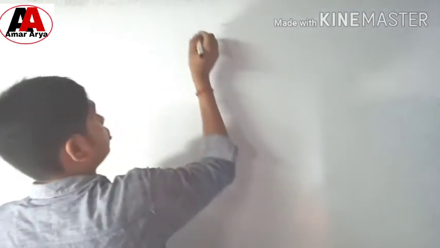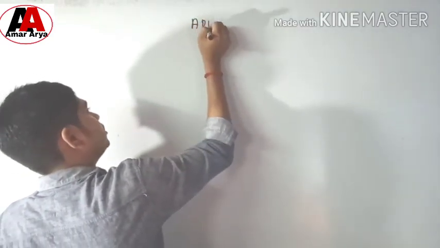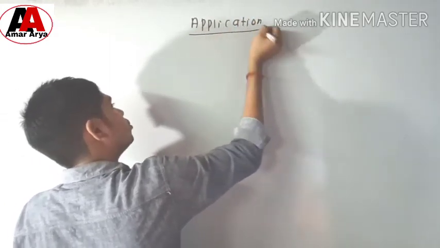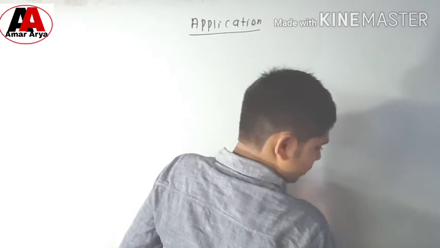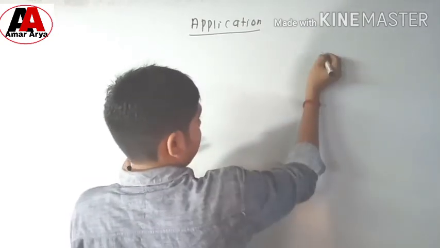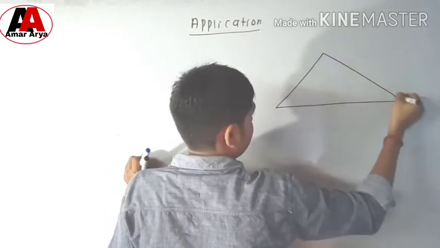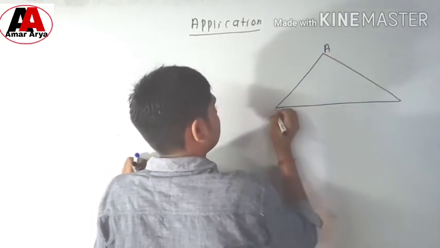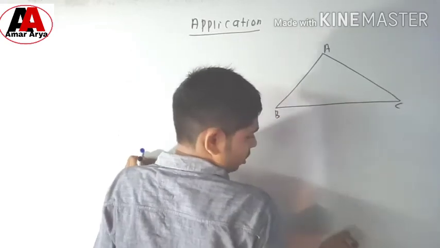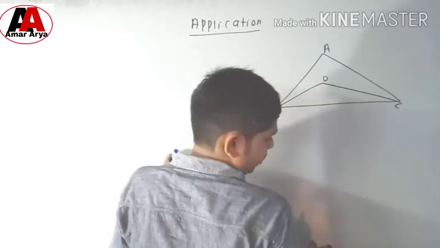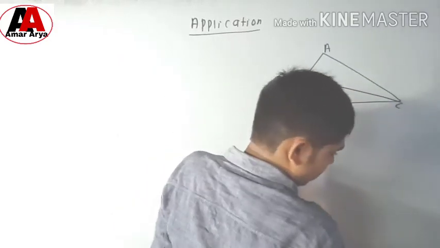Okay, so next thing, please try to understand that question, the application of the result. Here is the triangle. Here is A, here is B, here is C, and here is the bisector.